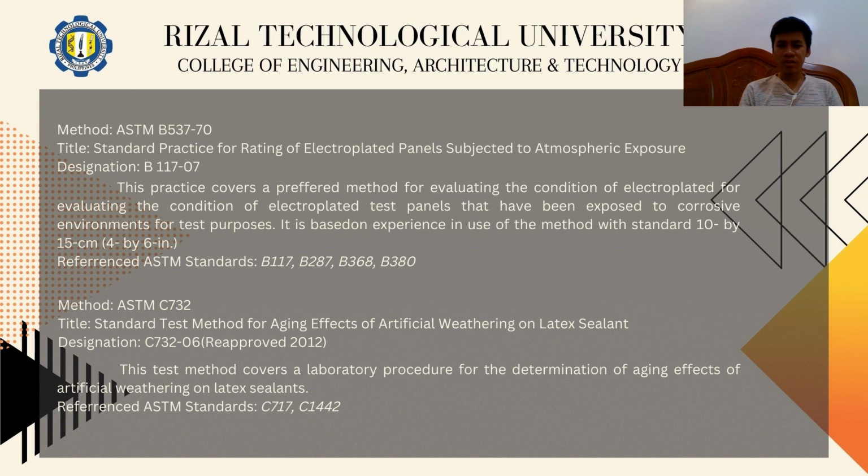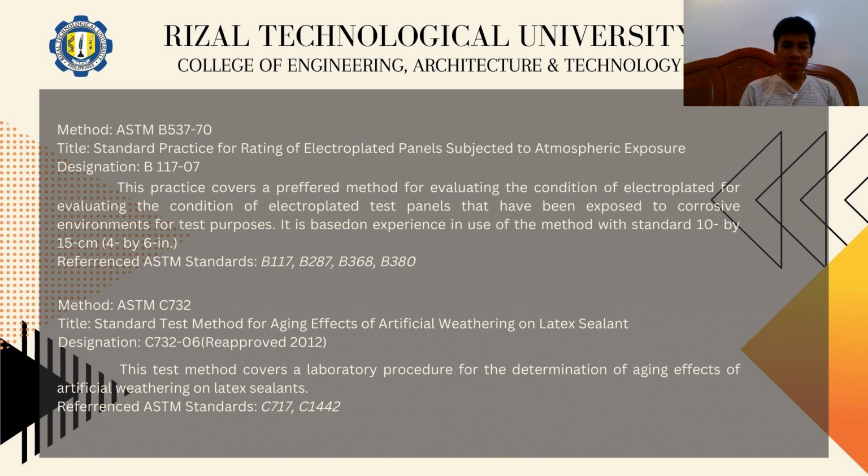Any modifications needed to adapt the method to rating actual production parts are not considered here. Panels shall be assigned separate rating numbers based on the ability of the coating to protect the substrate from corrosion and the overall appearance of panels as affected by deterioration of the coating itself.